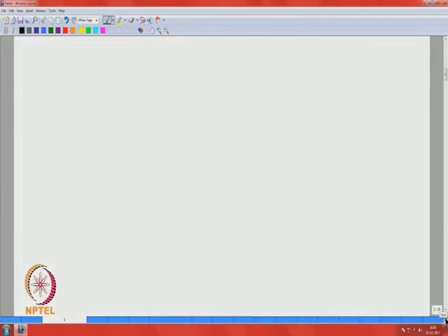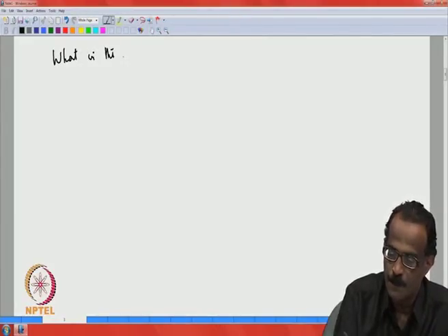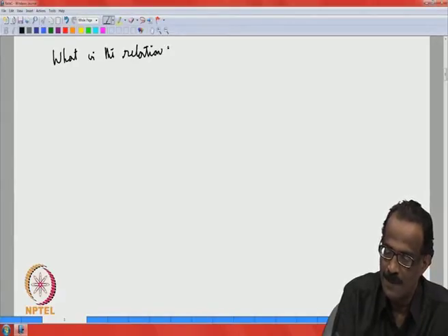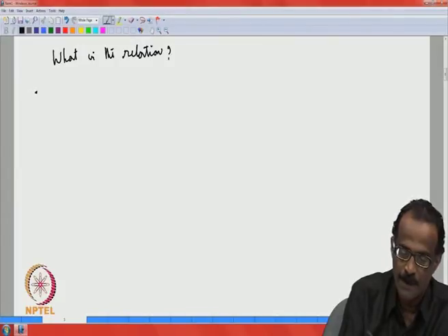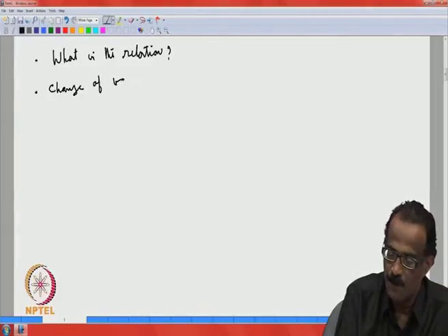So, the question is, what is the relation? What is the relation? This is given by the change of variable formula.